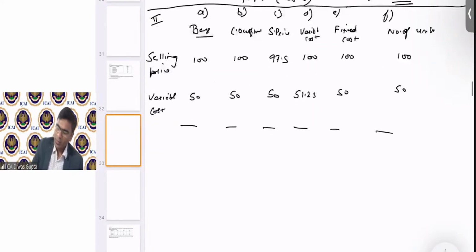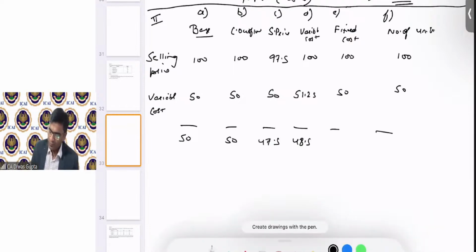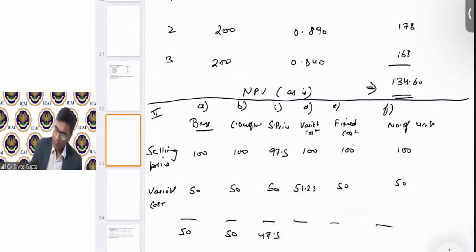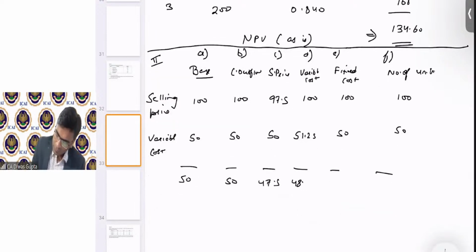So the net contribution per unit will be 50, 50. Here it will become 47.5. Here it will be 48.75.